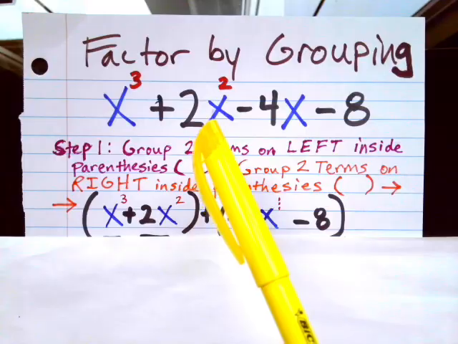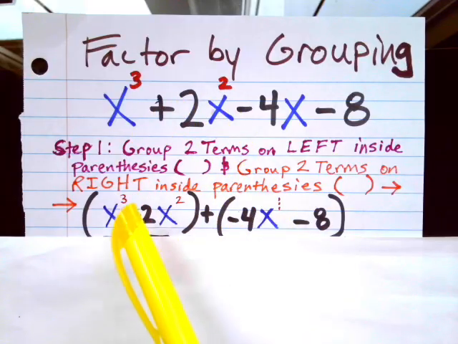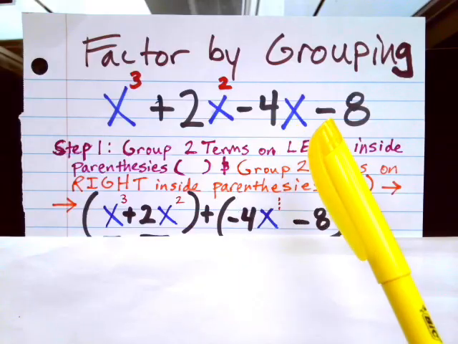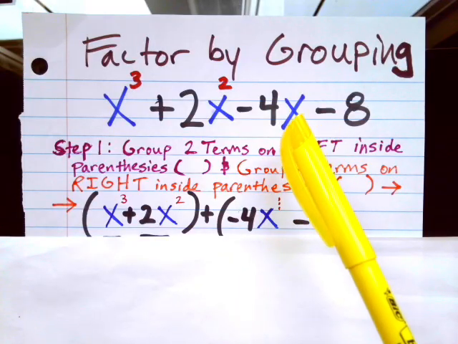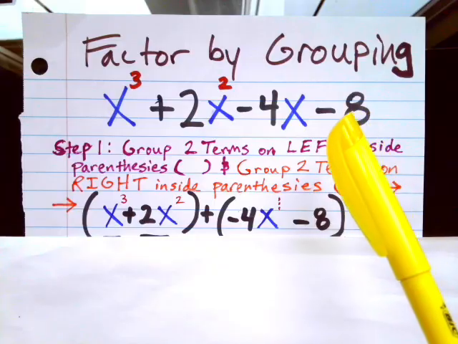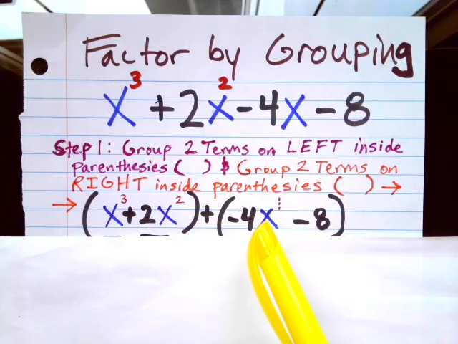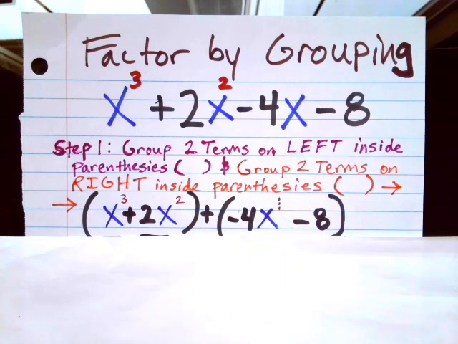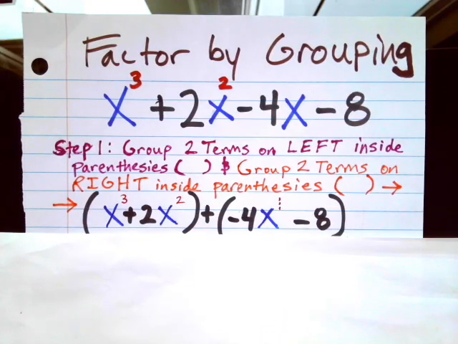x cubed plus 2x squared inside the parentheses. -4x minus or plus a -8, you can look at it, they're both the same thing, inside parentheses. I'm showing my invisible one associated to the exponent's place with this x to clarify, because I know we're going to be doing some multiplications eventually.